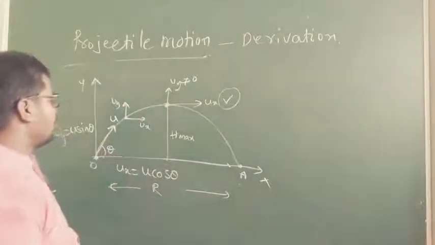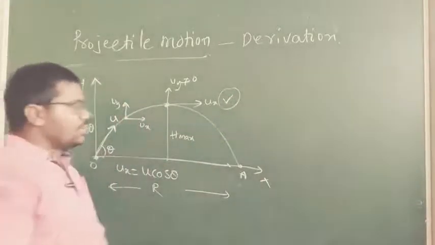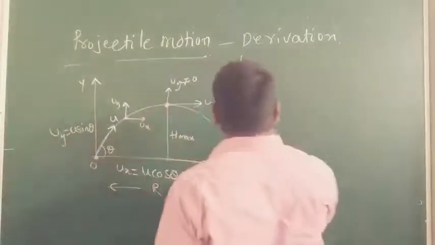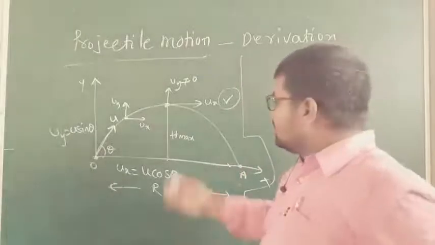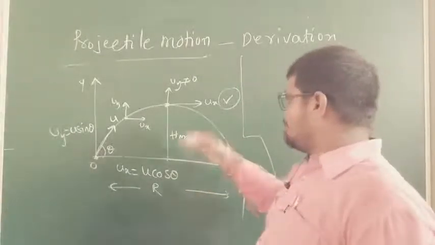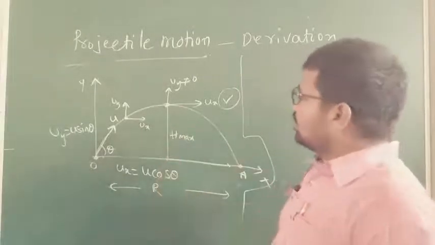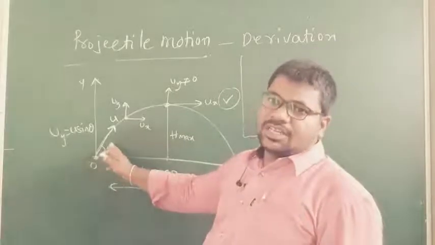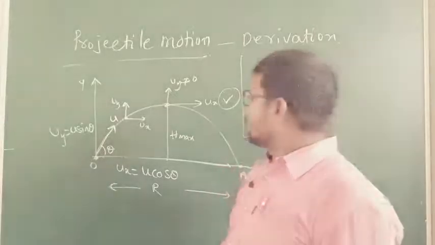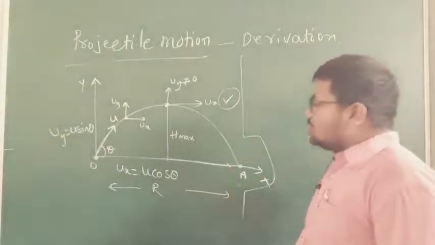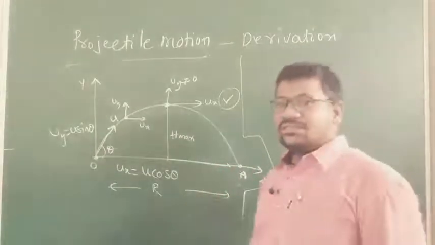Understand? In this process we can get the derivation. This is a very important diagram. Once you go through this, the projection of initial velocity along x and along y, my children. Yes, so this is two-dimensional motion.